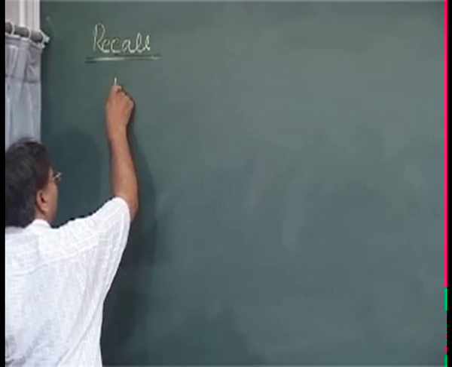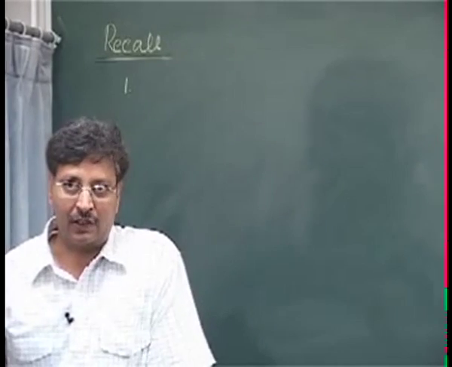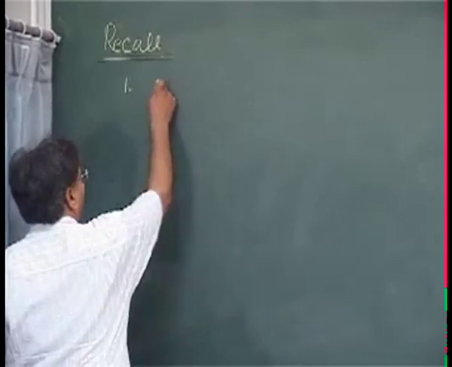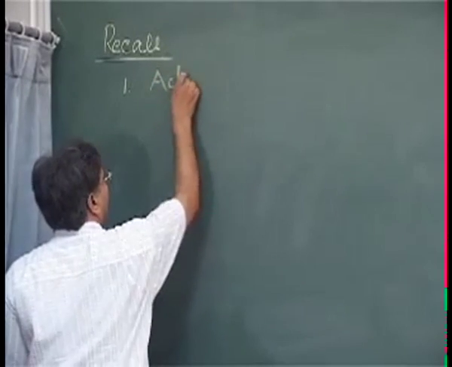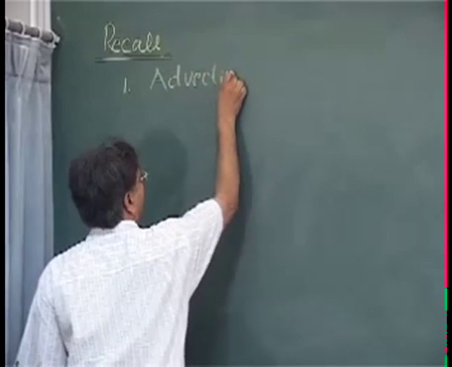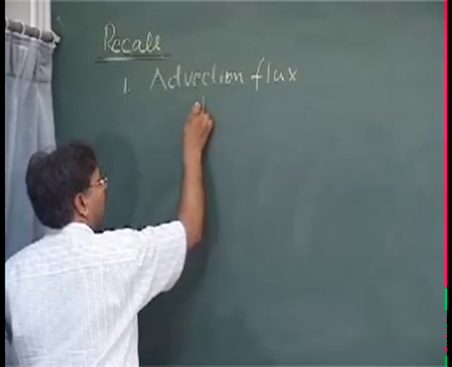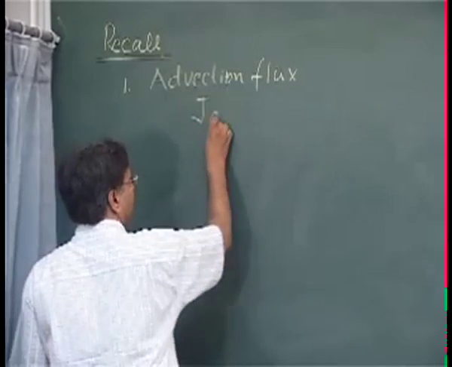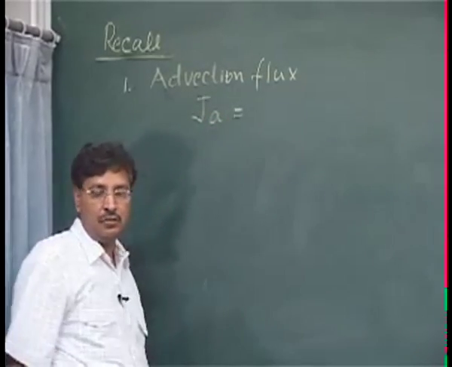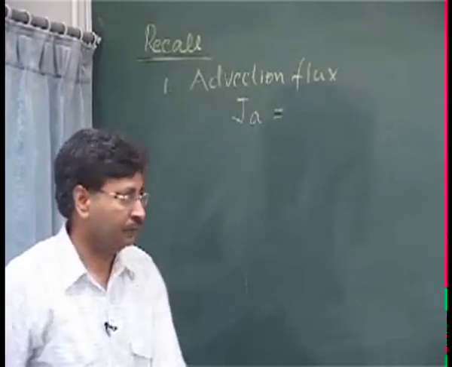The first thing we said about the flux of pollutant was advection flux, the flux due to advection of the pollutant, and we define that as JA, which was equal to CU.